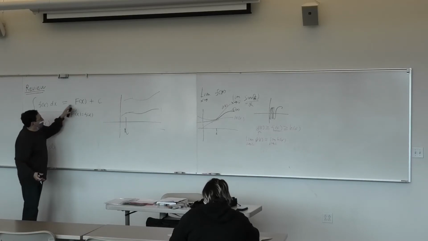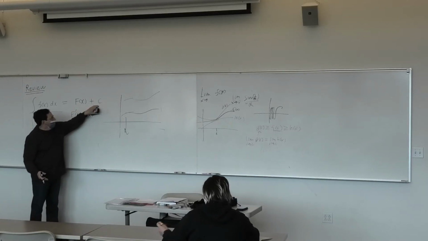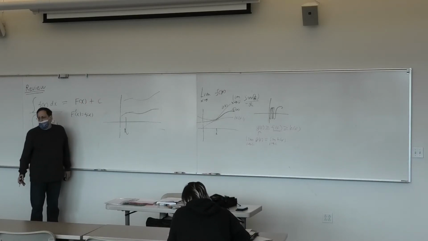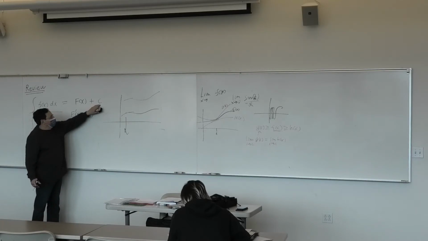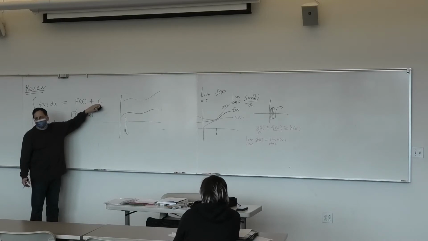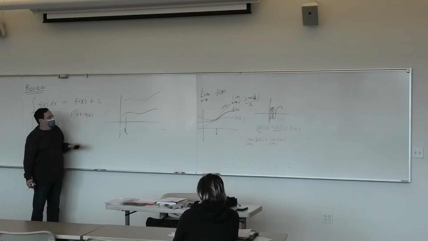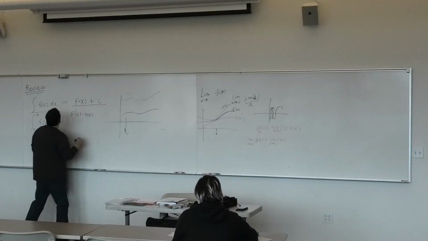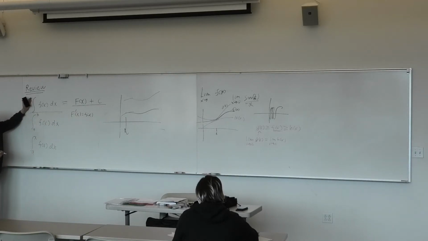So when I reverse things, what I get is some function to which we could add some arbitrary constant. Now, we may be able to tie that constant down in a particular problem if we have some additional information. But again, indefinite integral: family of functions.